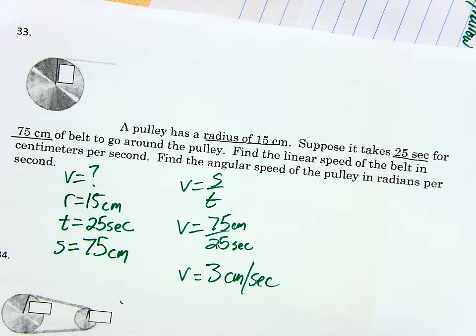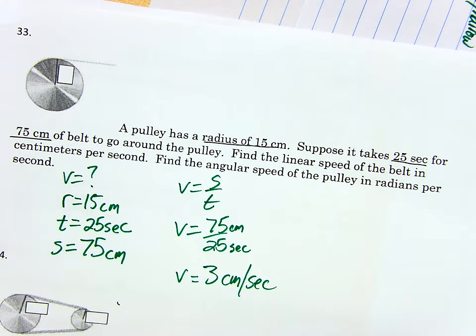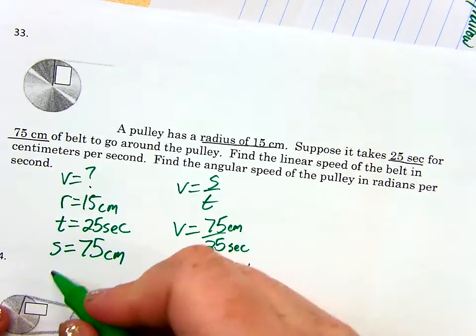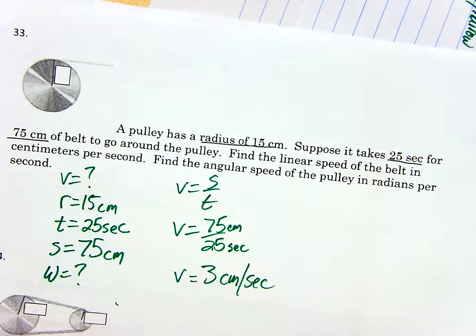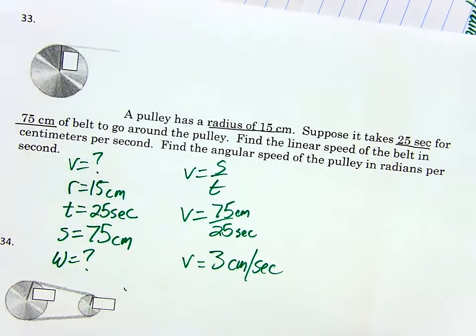34. Well, hold on. We got to do part B. Find the angular speed of the pulley. So how fast is that pulley turning? So angular speed, remember, is funny W. So now I'm looking for funny W, and I have all these other pieces.